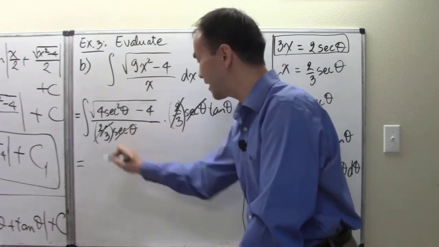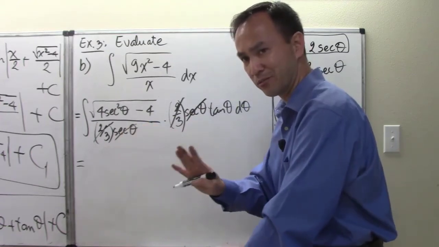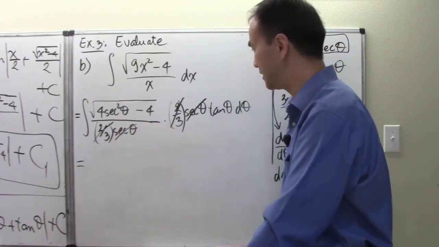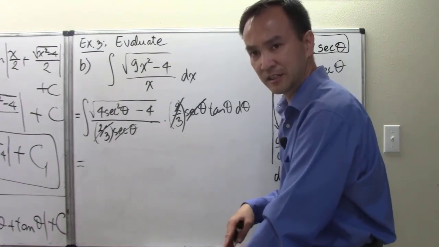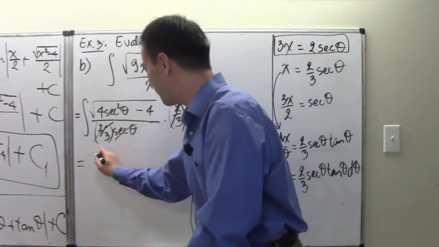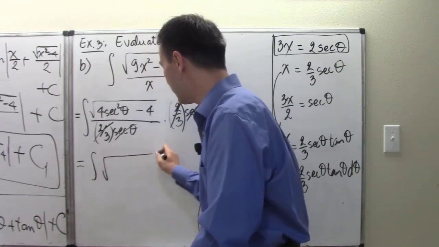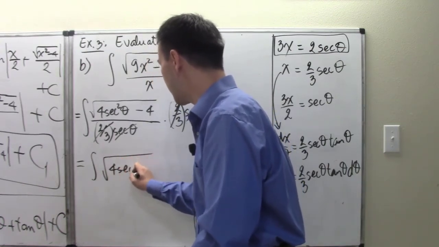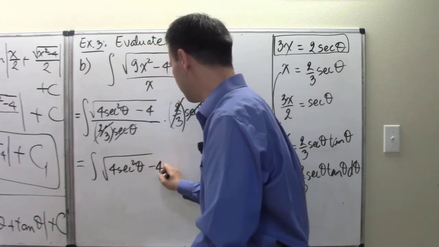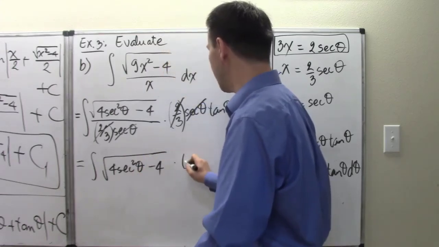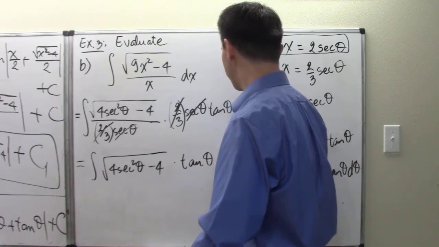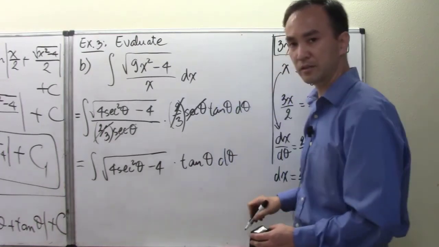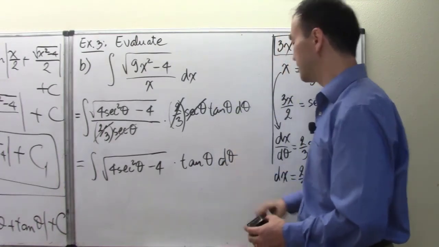So now we're completely free from the denominator. Now it's the integral of the square root of 4 secant squared theta minus 4, times tangent of theta d theta. The problem has become significantly reduced.